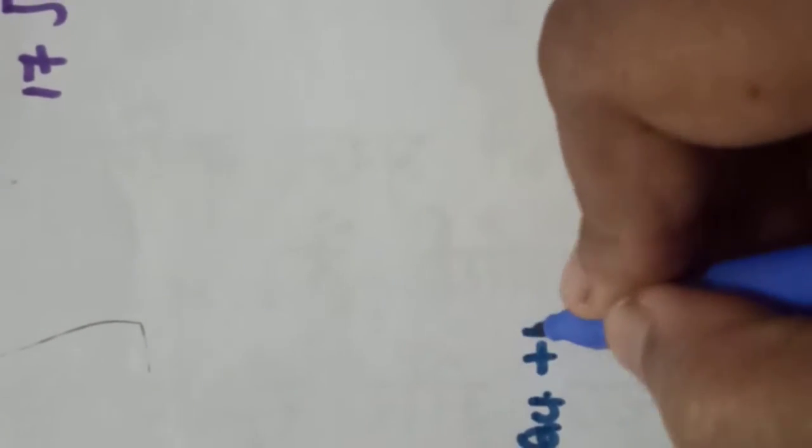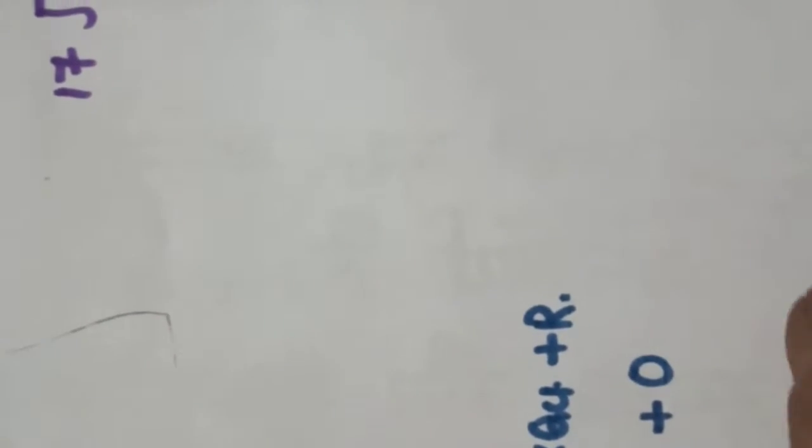So let us apply that formula. Dividend is equal to divisor into quotient plus remainder. What is the divisor? 12, and quotient is 29, and remainder is 0.